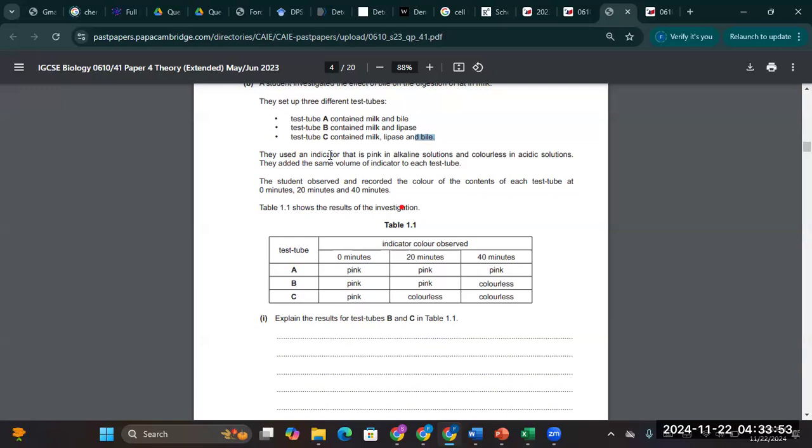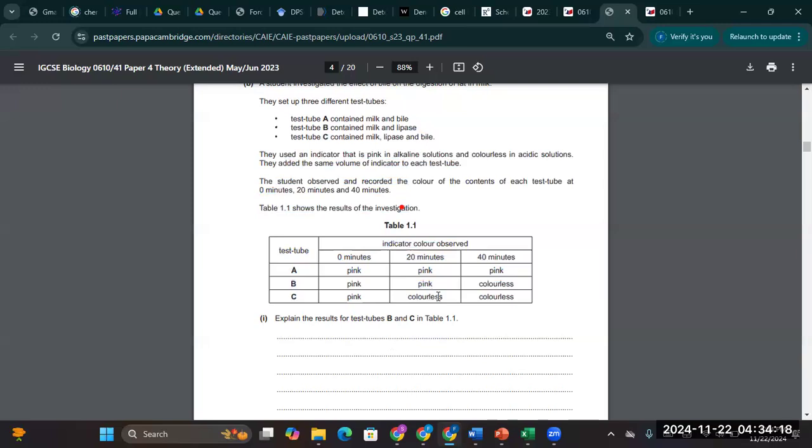Smaller particles have a larger surface area, right? Yes. Enzymes will be able to break it down quickly. Okay, that's the concept. So that is why when you just have milk and lipase, the process happens. The lipase does break down the fat, the color does change, but it's not that fast.